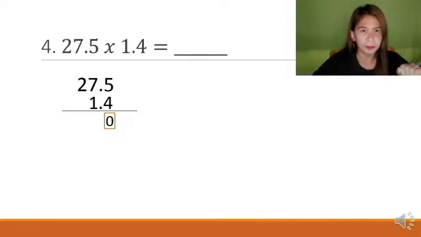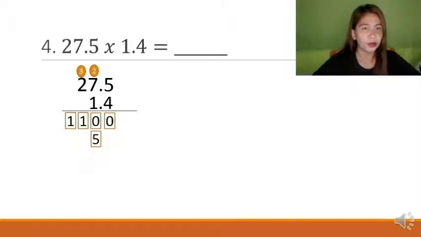Okay. Let's solve. 4 times 5 is 20. Bring down 0, carry 2. 4 times 7 is 28. 28 plus 2 is 30. Bring down 0, carry 3. Next, 4 times 2 is 8. Plus 3, that is 11.